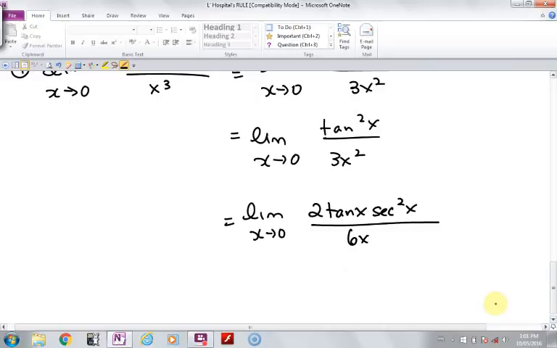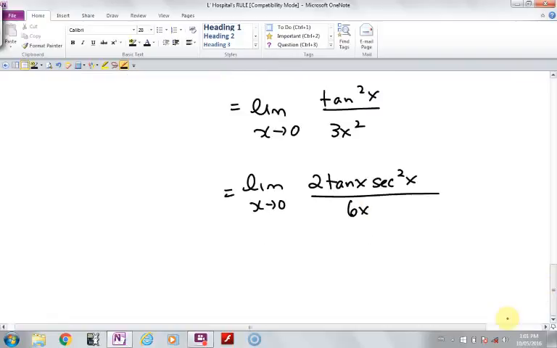Okay? How are we doing so far? Still 0 over 0. However, the 2 and the 6 will divide out, so we get a 3. So what I'm going to do at this point is remember the rule for limits.